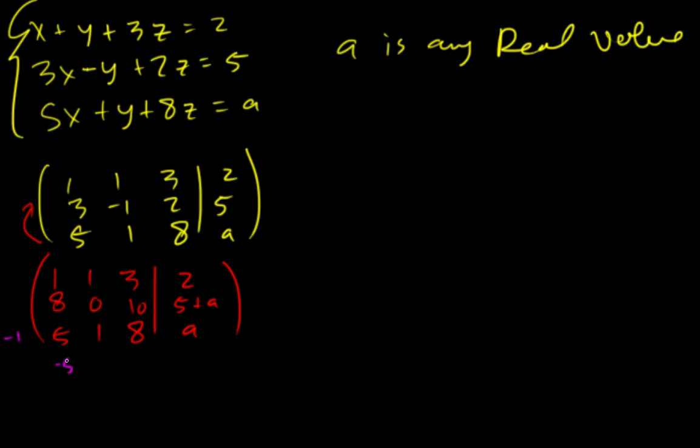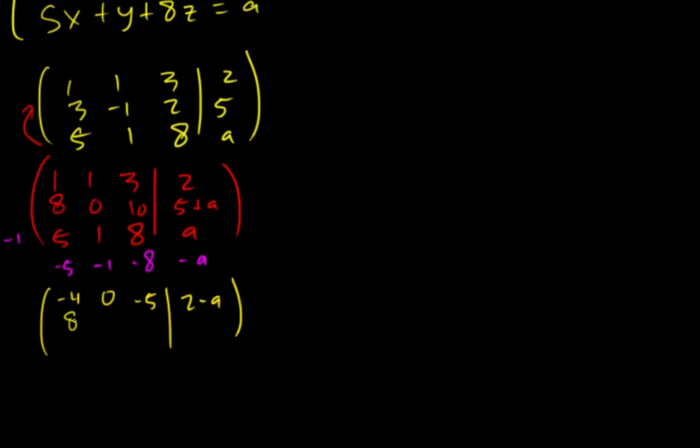So I'm going to find the -1 multiple of that, and we're going to add it to the top. -4, 0, -5, 2 minus A. Everything else stays the same.